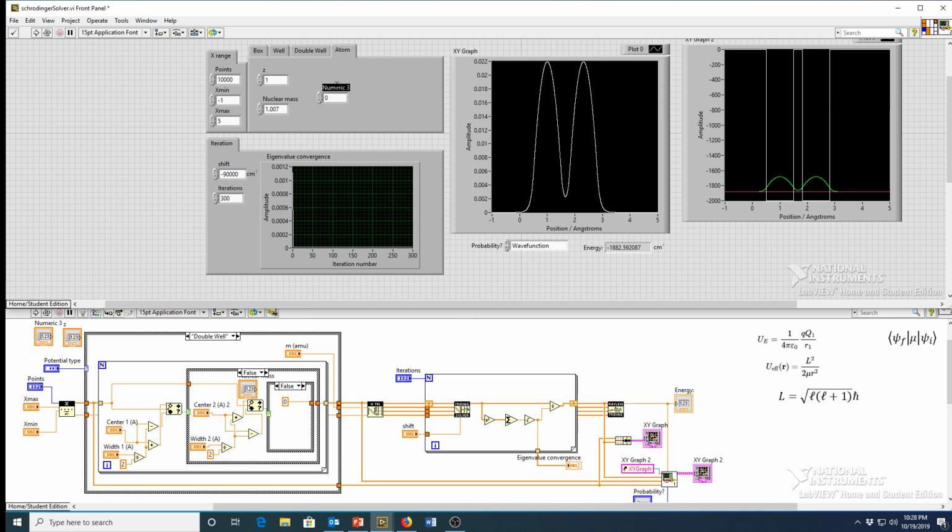And we need the angular momentum quantum number, L. And actually, the only reason we need the angular momentum quantum number is because we are solving this in 1 dimension. And in real life, an atom, of course, the electron is confined to the nucleus in 3 dimensions. An atom is 3-dimensional.